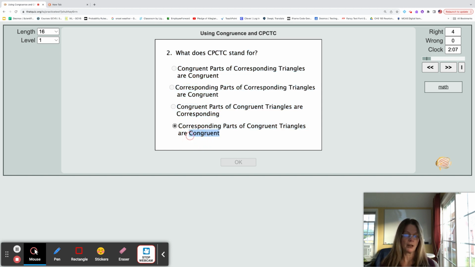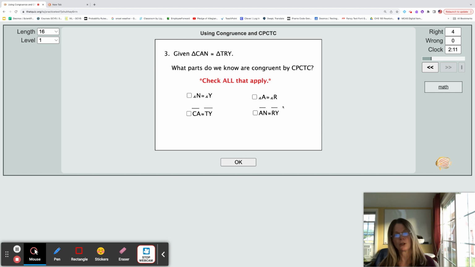By corresponding parts, we're talking about angles or sides. So here we have a statement that triangle CAN is congruent to triangle TRY. By CPCTC, we can state with confidence that angle N, which is the third letter in this triangle's name, is definitely going to be congruent to angle Y. That one we can check off.